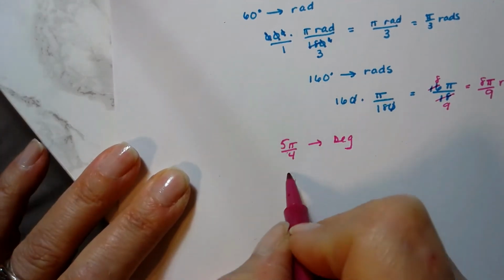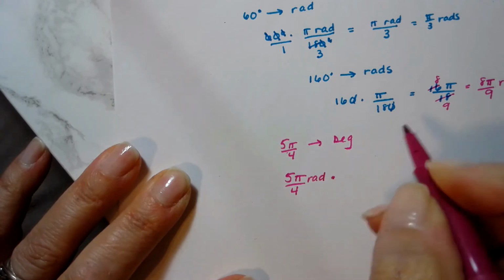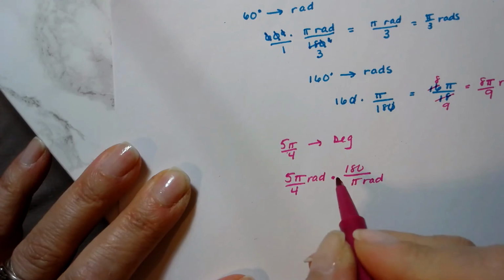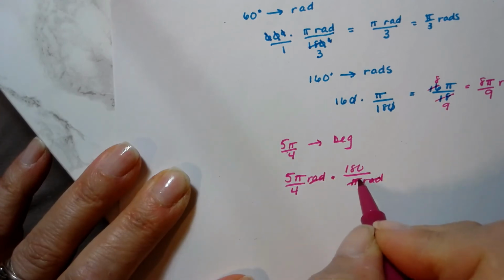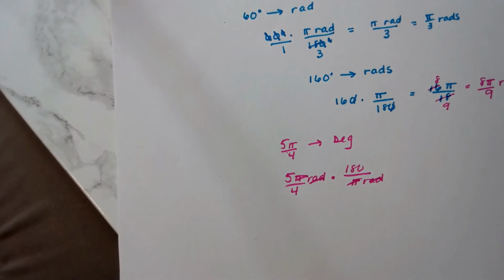So all I have to do is 5 pi over 4 radians times 180 over pi radians. The radians are going to cancel, the pi's are going to cancel. So the idea is when you're going from radians to degrees, you need to get rid of pi. So one needs to be on the top and one needs to be on the bottom. That's a way to remember it.